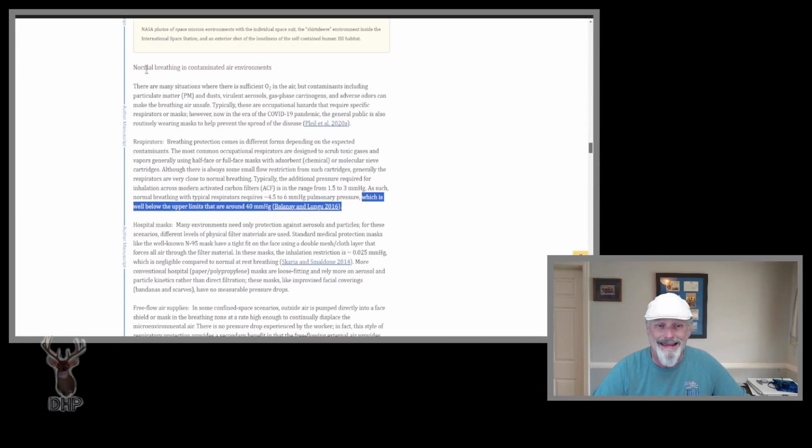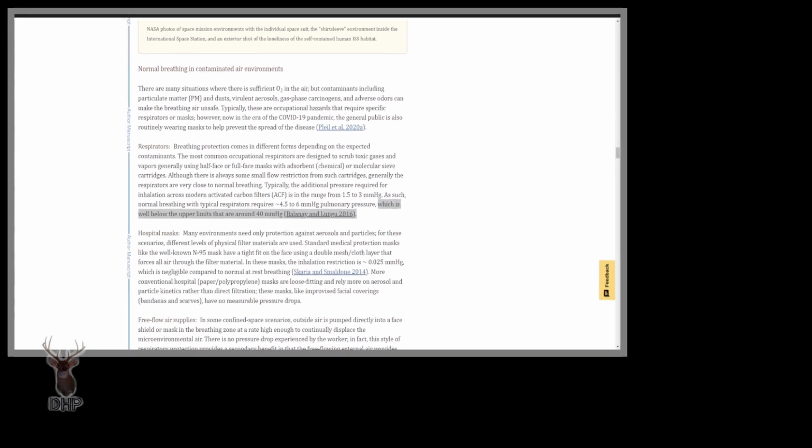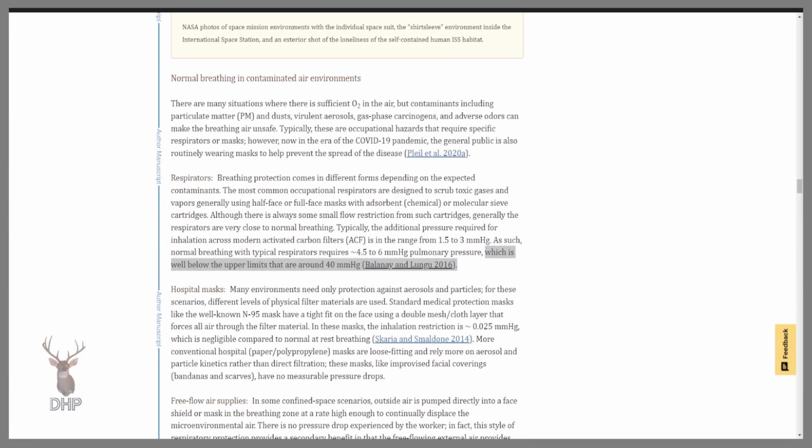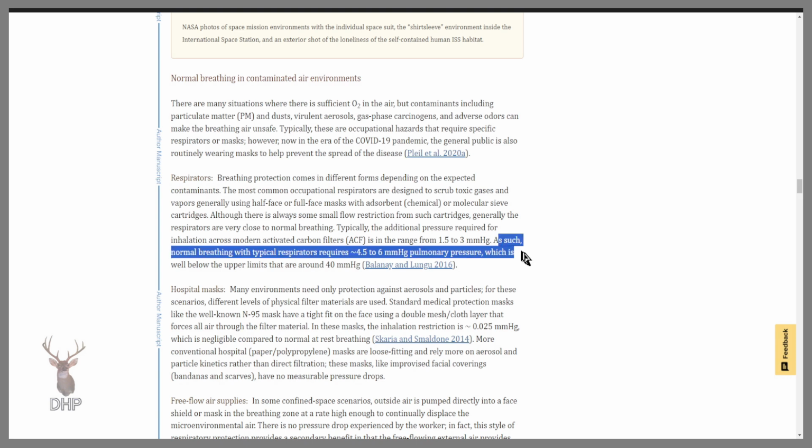Normal breathing in contaminated air environments. Now we're looking at this, but where I've got down here at the bottom are these numbers, because unless you look at this, you really don't know what high static pressure is. It certainly is not 3 millimeters of mercury or 3 millimeters of water.